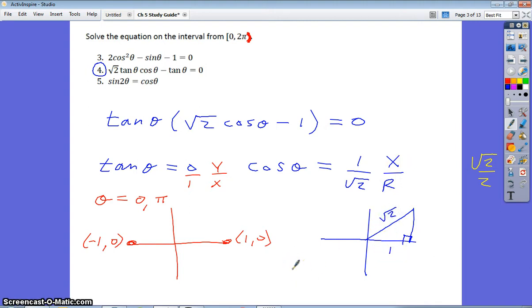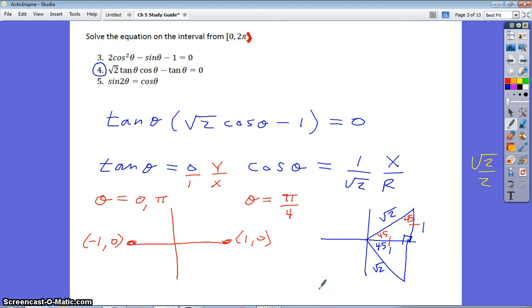If I use the Pythagorean theorem and solve for the unknown side, I'd find I have a 1 there. That means I have an isosceles triangle, which means these two angles are the same, so we have 45 and 45. That means the solution here is going to be at pi over 4. That's one solution. We have another triangle to look at in the fourth quadrant, and we're going to have a 45 there too.